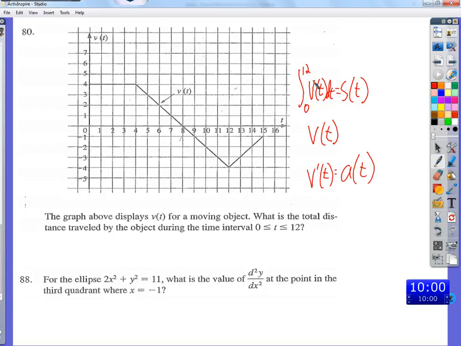Now, this is a crazy function. It's a piecewise function, and I'd have to write several different functions and take the antiderivative. Do you think that's going to take all the time to do that? No. If I were to find the antiderivative, what does that have to do with the graph? When I find the definite integral, what is the connection between the definite integral and the graph? It's the area.